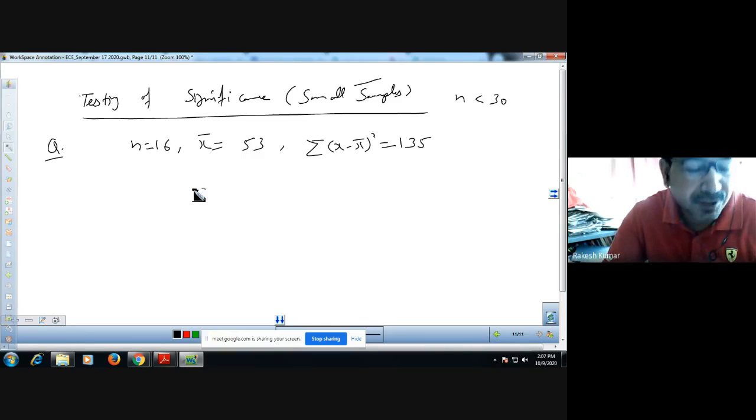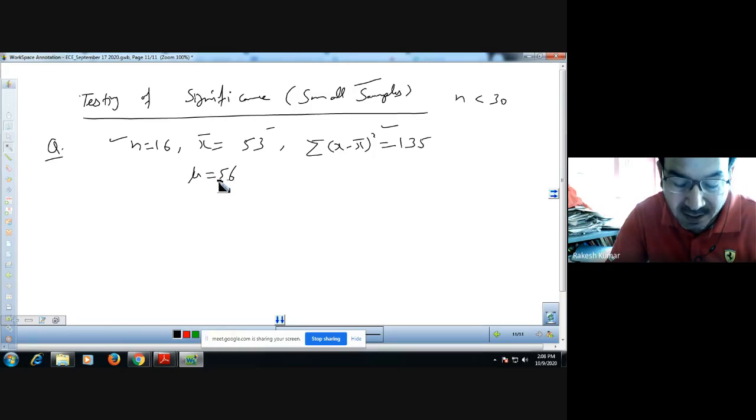The question is, can this sample be regarded as taken from the population having 56 as mean? So the mean of the population is 56.